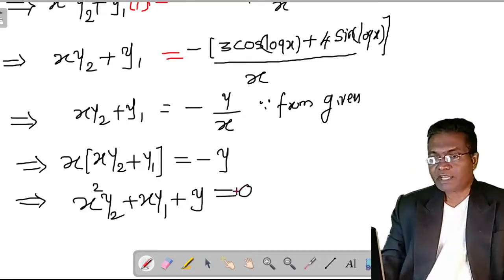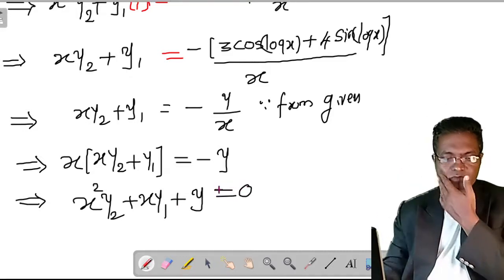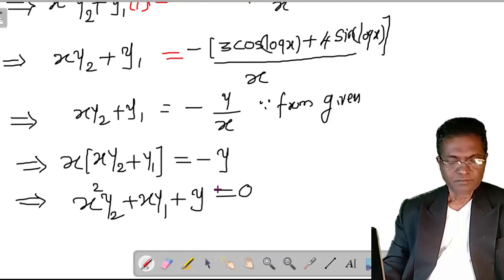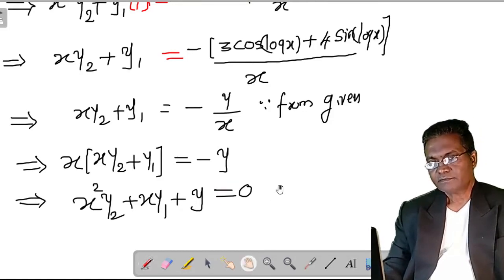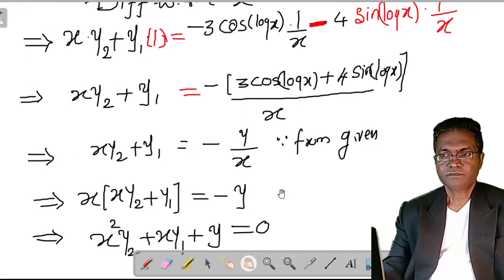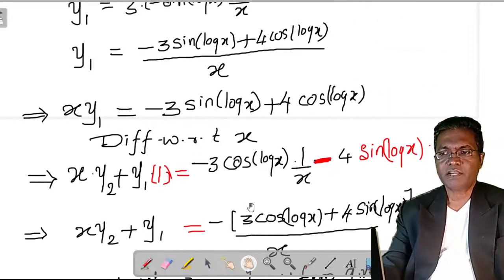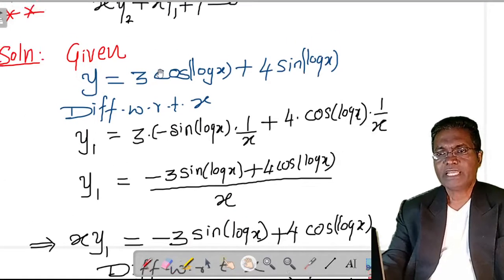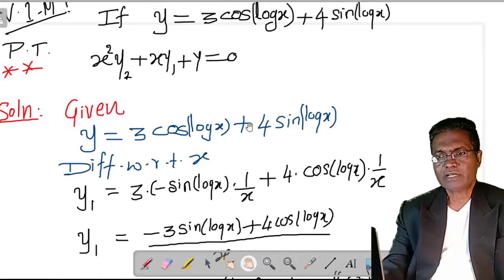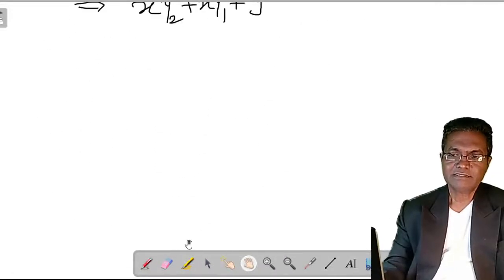See how easily you can crack this example, and concentrate especially on this. Instead of these 3 and 4, they may give you a and b. You'll get the same result. If this is a and this is b, you'll get the same result, so if you want, you can try that.